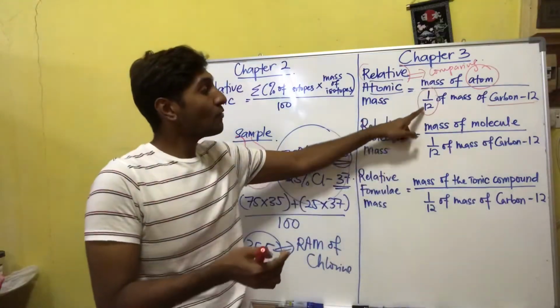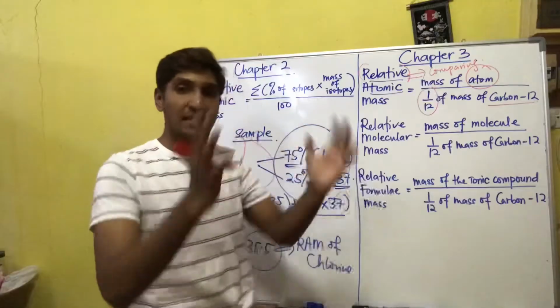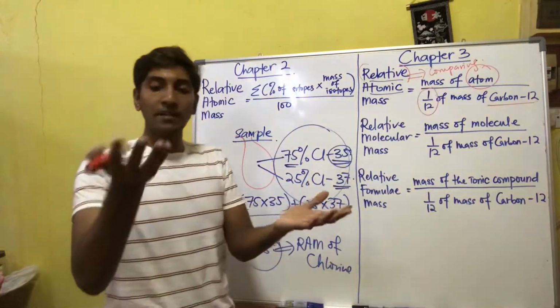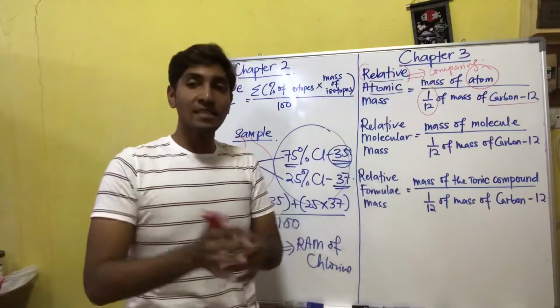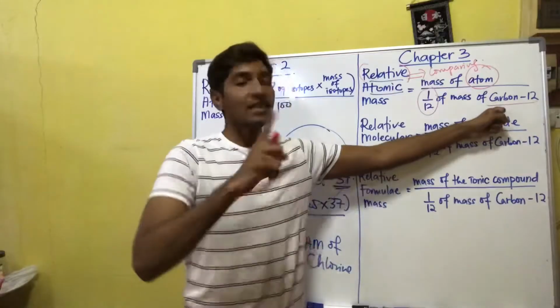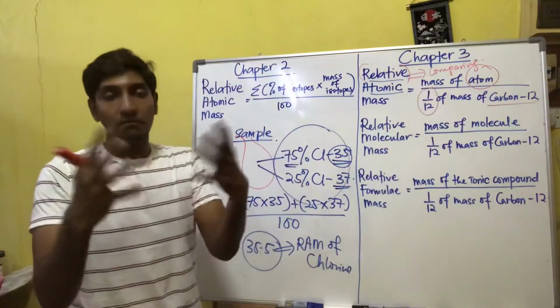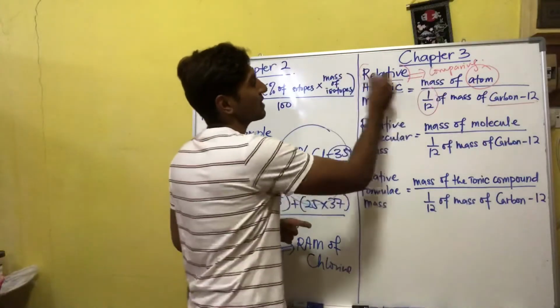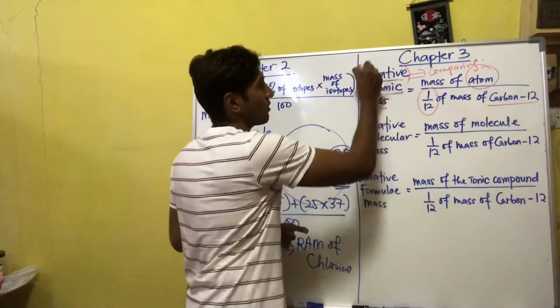So 1/12 part of it is basically 1 unit. When we are comparing this mass to 1/12, basically how many parts it takes from carbon-12 is the mass of the atom, which would be the relative atomic mass, or we call it RAM.